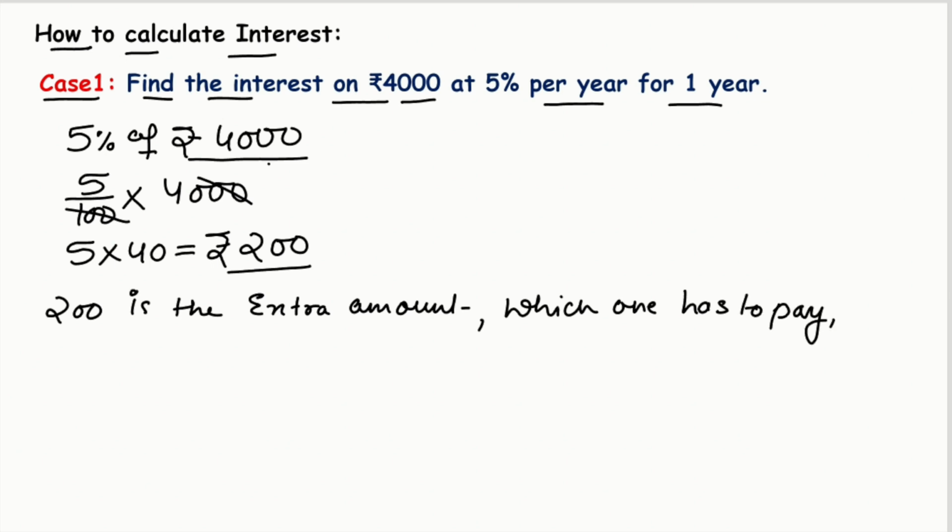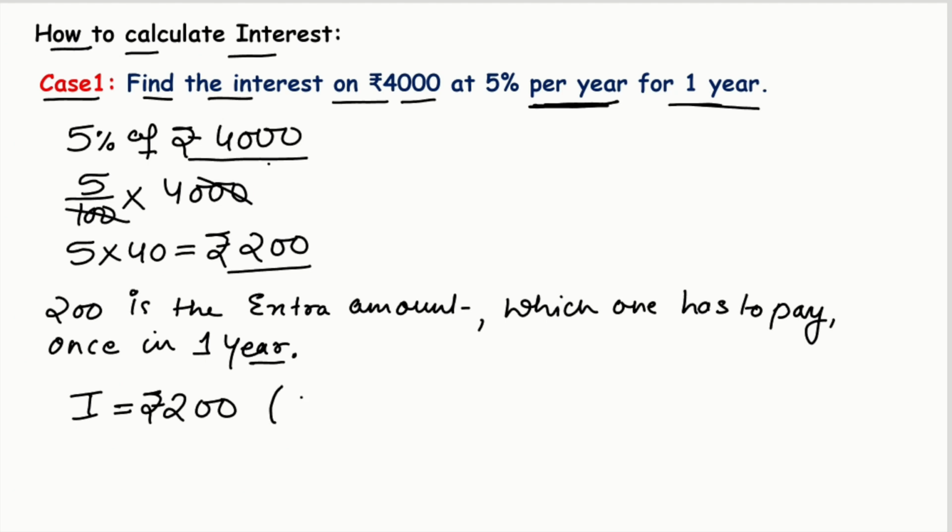And how many times will he pay? Per year. Every year, one time. Once in 1 year. And he has borrowed the money for how many years? 1 year. So he will pay extra amount, interest, 200 rupees in 1 year.